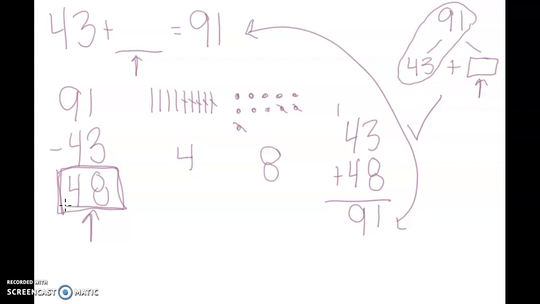Okay, we're going to do one more because you guys are doing awesome at this. All right, so this time, something plus 37 equals 65. Okay, this time I want you to do this on your own. Remember to always start with your math mountain, and you can use any method you want.